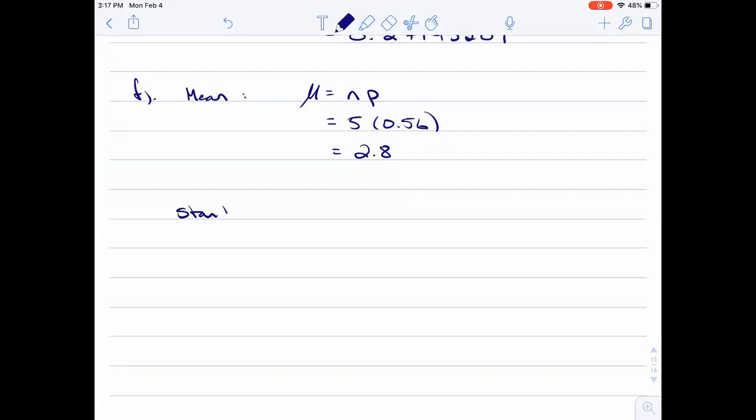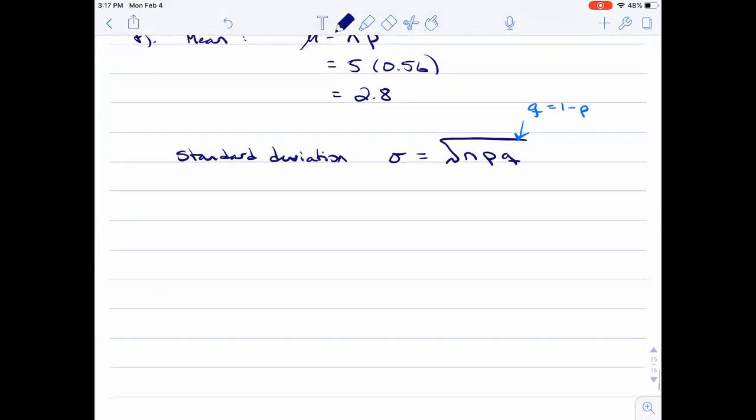And the standard deviation, sigma, is the square root of NPQ. Q is 1 minus P. So sigma is the square root of 5 times 0.56 times 0.44, and those are just on your formula sheet.